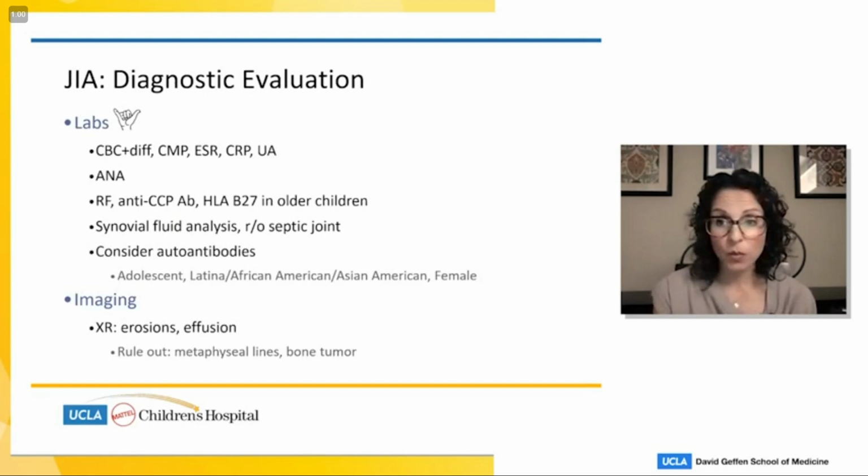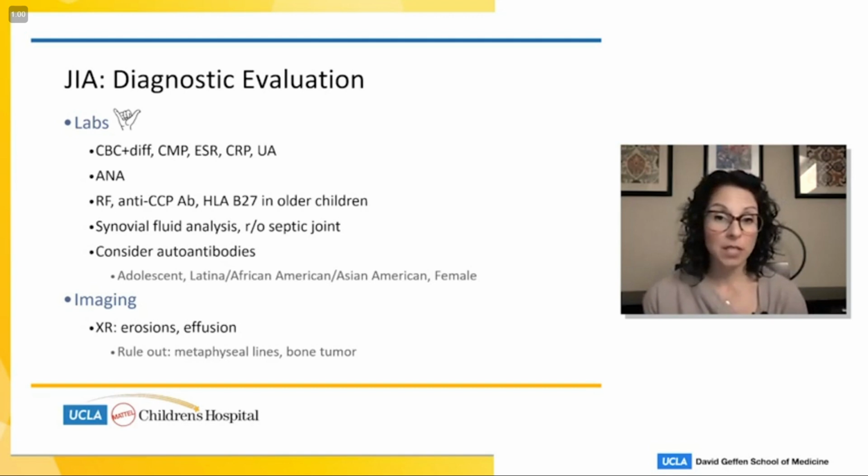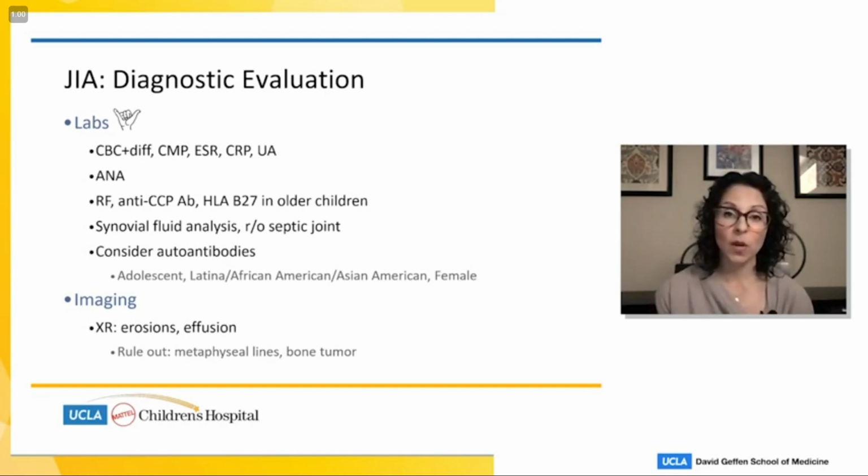So what are you going to do for these patients when they walk in your door? You're going to do an excellent history and physical exam. If you're going to check labs, I would recommend that you check some basic labs, looking to make sure that there's no elevation in the sedimentation rate, for example. If you have a child walking in with 1 or 2 joints involved, that's going to make you think about something different if that ESR is really elevated.